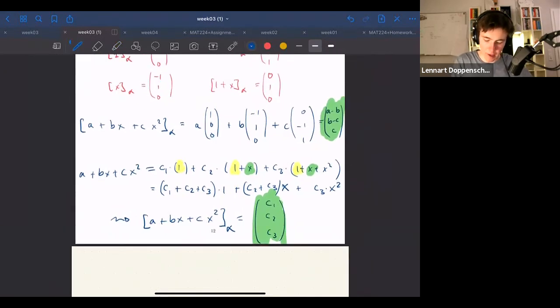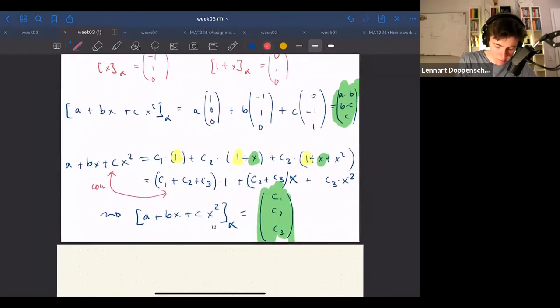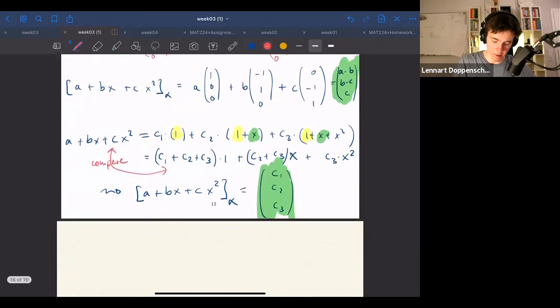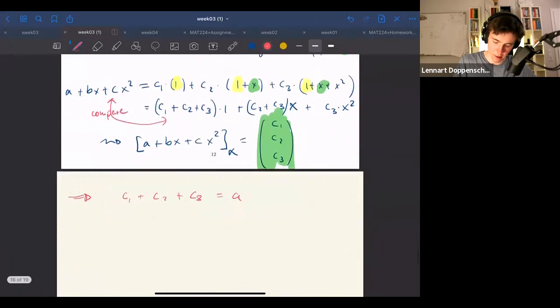And now if you compare the left and right-hand side, we get that C1 plus C2 plus C3 has to be a, C2 plus C3 has to be b, and C3 has to be c.